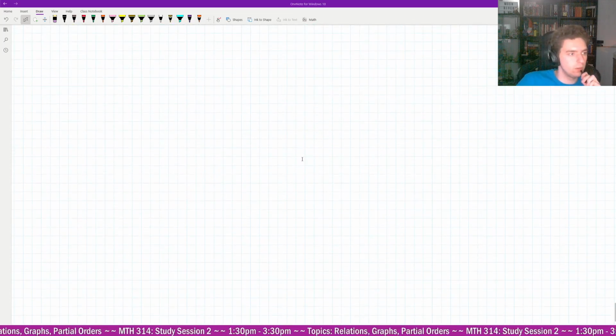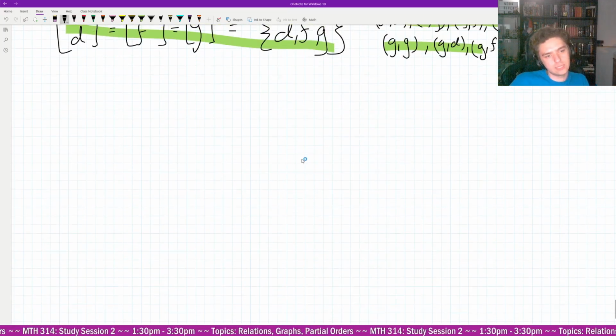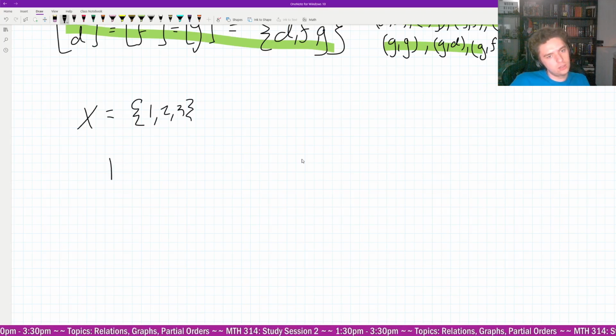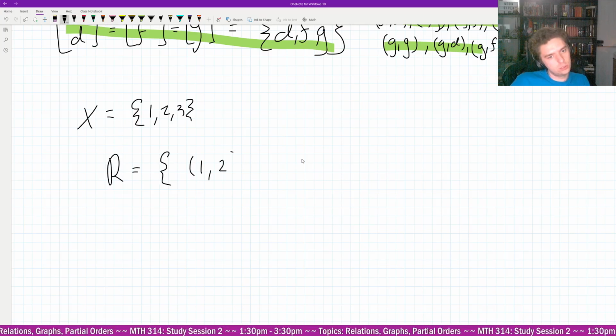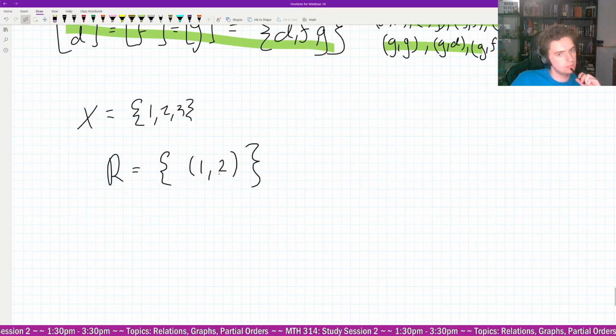So to make sure, a set with one element is always going to be an equivalence relation, right? Let's say you have X, which is {1, 2, 3}, and you have R, which is {(1, 2)}. Like this is what you mean. So this is a non-equivalence relation, because 1 is not related to itself, 2 is not related to itself, and (1, 2) does not imply (2, 1).